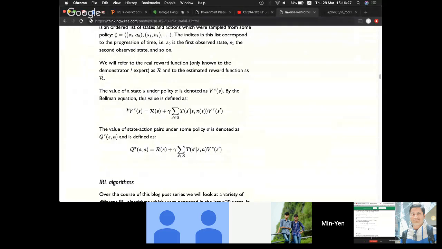So we have the value function of a given policy, given the current state, is, again, as we've seen many times, right? The reward at the current state plus a time discount factor times the sum over the transition probabilities given a previous state and the policy for that state, right? Times the actual value in the next state, right?